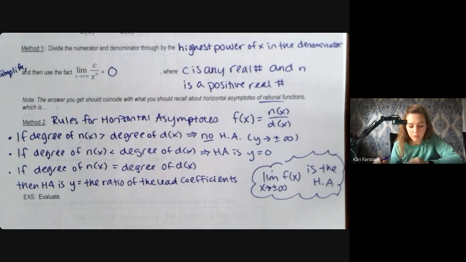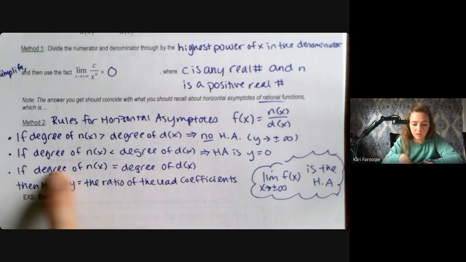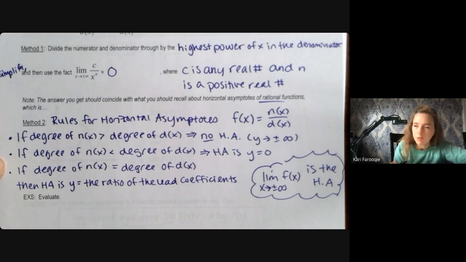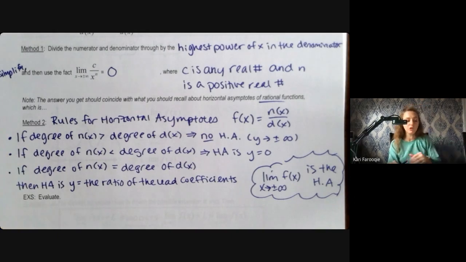And then as we go through method 2, I'm going to show you a way to always use this third option by setting their degrees to be equal, because like I said, a lot of times students will remember the third one, but they won't remember the first two. They're like, which one's which? One of them was no horizontal asymptote, and one of them was horizontal asymptote equals 0. And then they're just guessing. So I'm going to show you a way that we can use these and then also just focus on that last one. So that's kind of my goal.